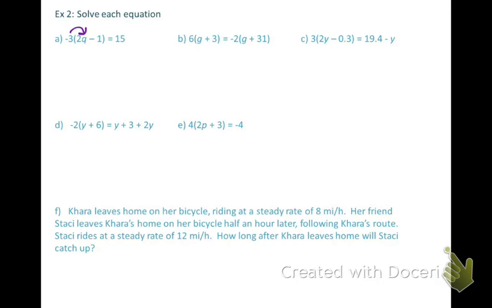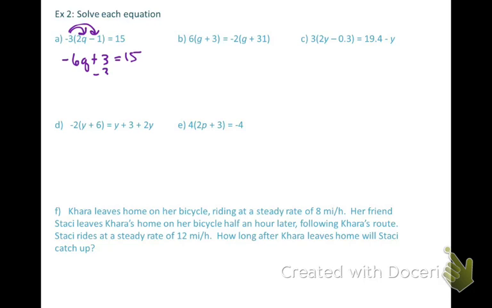Okay, so I'm going to distribute the negative 3, so negative 3 times 2q is negative 6q, and negative 3 times negative 1 is positive 3 equals 15. Now I have a two-step equation because I have no like terms on that.